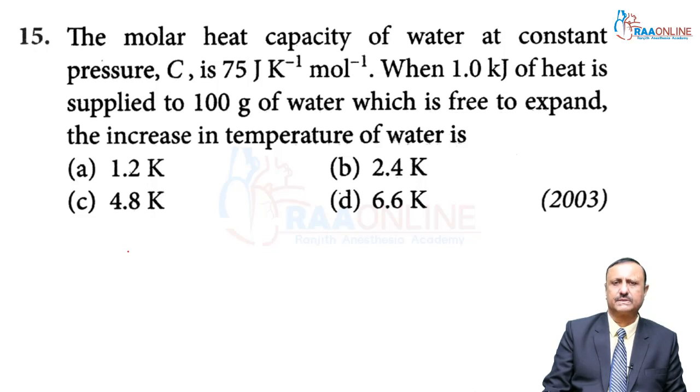Here, my dear students, you can see the concept and formula to solve this question. Here Q is equal to, you can put this formula, Q is equal to m C into delta T. This is your first formula, and you can put this formula and get the answer.